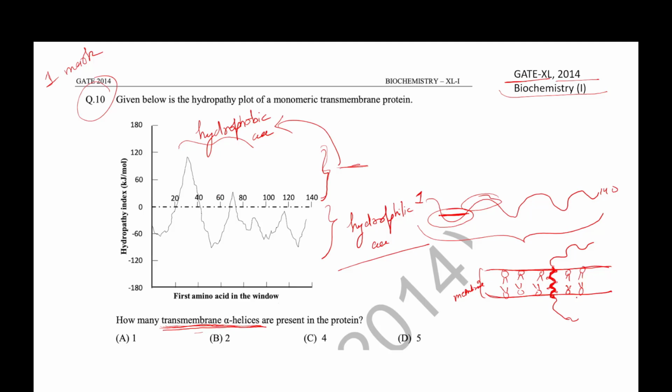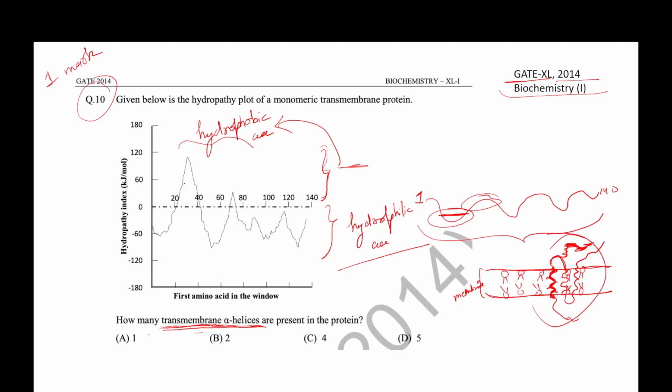This is a single pass transmembrane protein; it can be like this, or the protein again spans. It could be a multiple pass protein as well. If more hydrophobic alpha helices are there, it could be a multiple pass transmembrane integral protein.